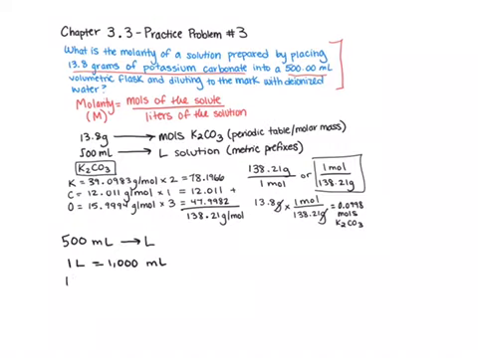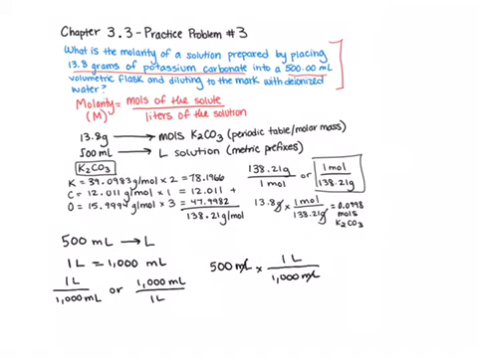We could have 1 liter over 1,000 milliliters, or 1,000 milliliters over 1 liter. So we initially started out with 500 milliliters. So we want to cancel out milliliters in order to get to liters. So we want to divide by 1,000 milliliters. So I'll have 1,000 milliliters over 1 liter. That way our milliliters cancel out, and we are left with 0.5 liters of solution.